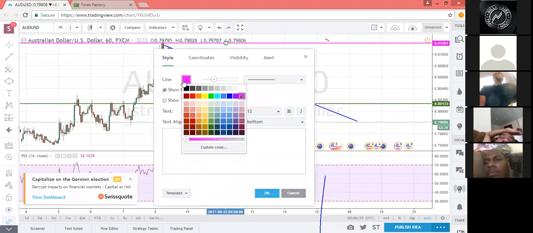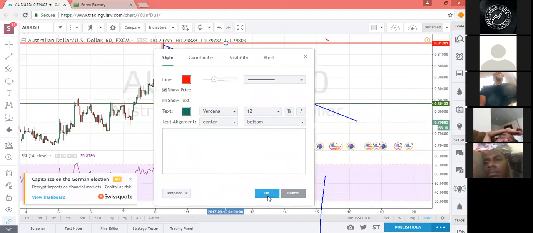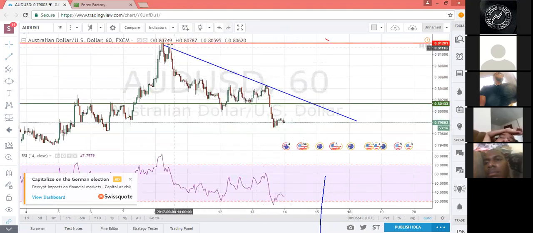So this was one level at the area of resistance. This is a resting place, an area of support. Basically, an area where the market has found, as the word says, some support or area of rest. Sometimes they call it a floor or a ceiling. So if you hear the word floor, it represents an area of support. If you hear the word ceiling, it represents an area of resistance.